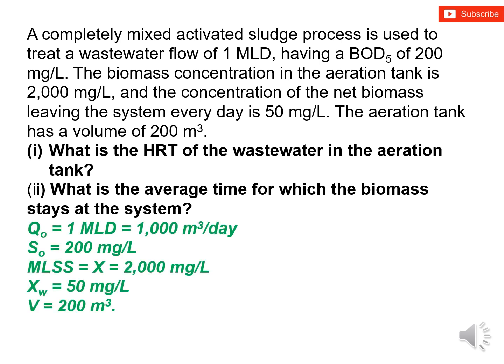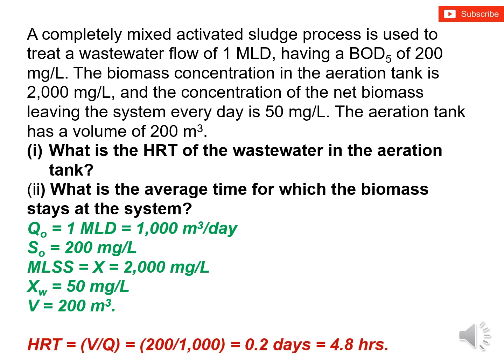So let's see here. We have Q node, 1 MLD, 1 million liter per day, which is 1000 meter cubic per day. We have BOD S node, which is 200. We have mixed liquor suspended solids. The X is 2000. The XW is 50, and V is 200 meter cubic.